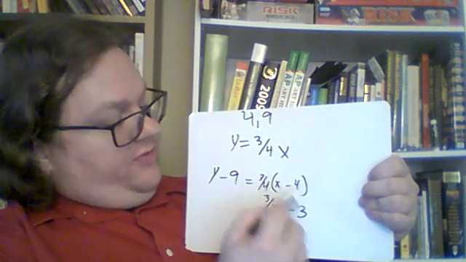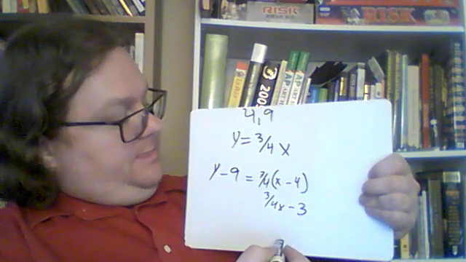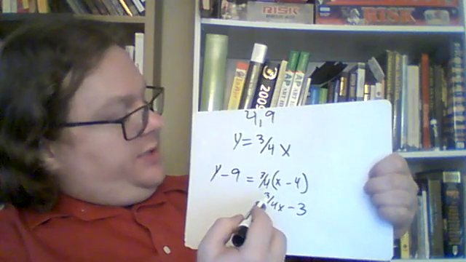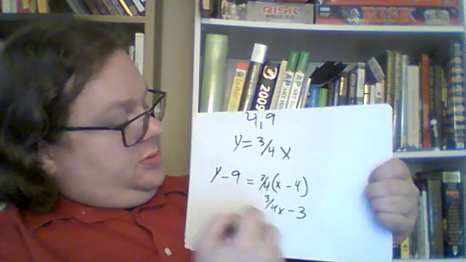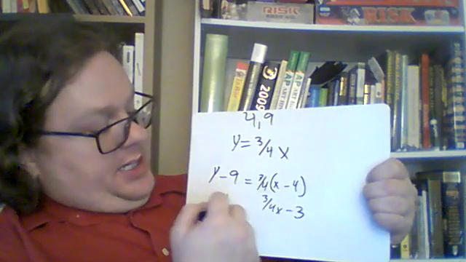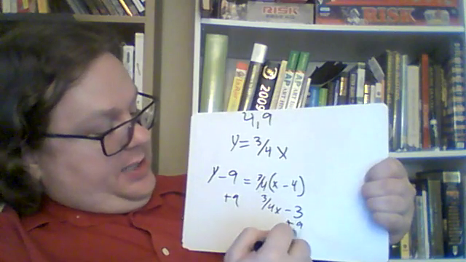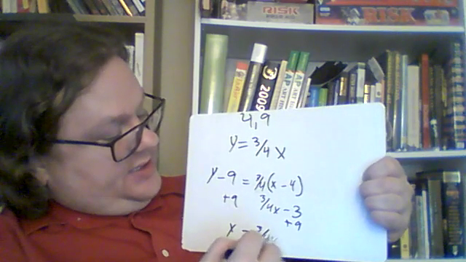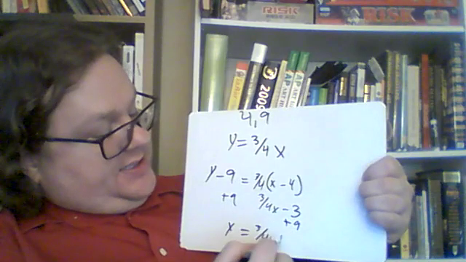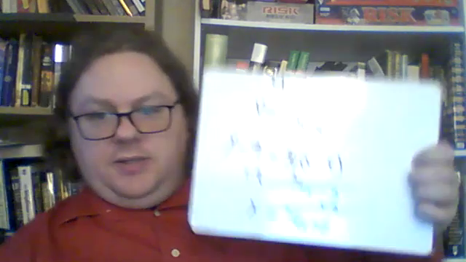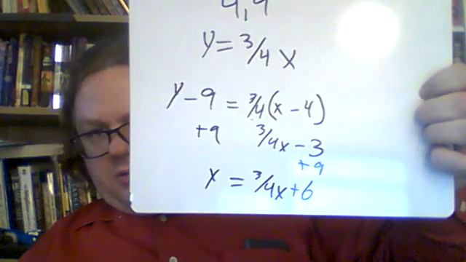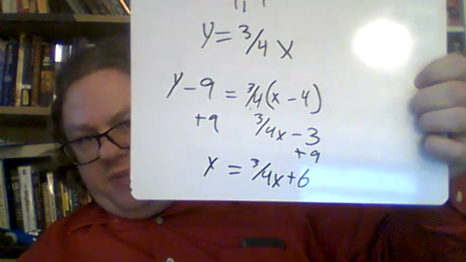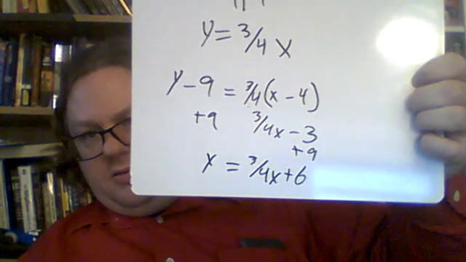This 3/4 times 4 is 3. Then we're going to add this 9, add this 9. And we end up with y equals 3/4 x. 9 minus 3 is 6. And that's the equation of the new, what was it, a pedestrian path? There you go.